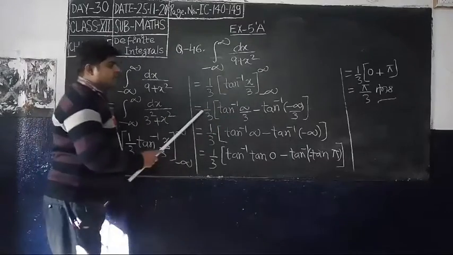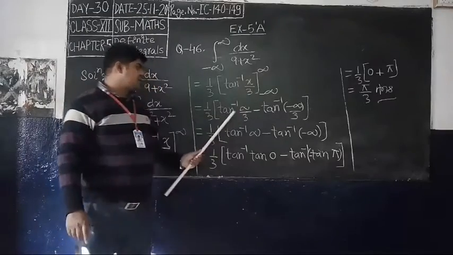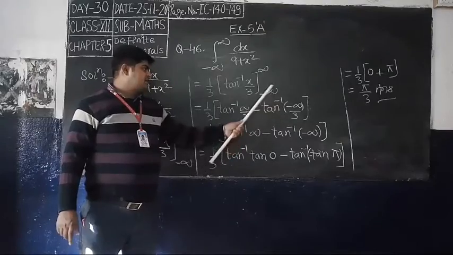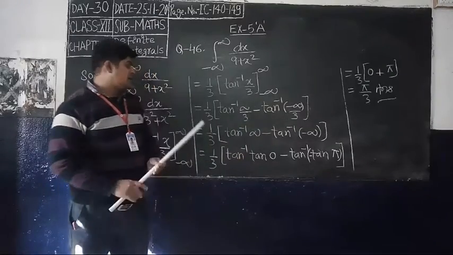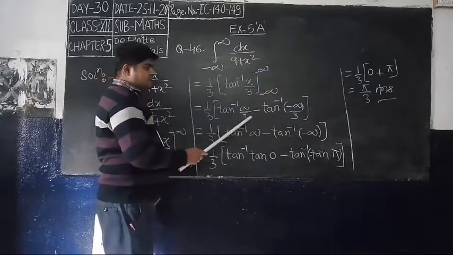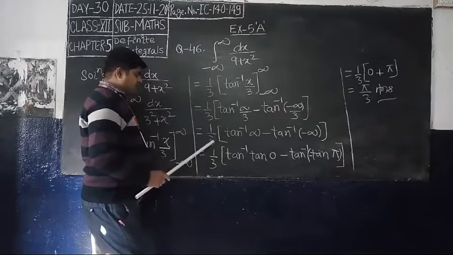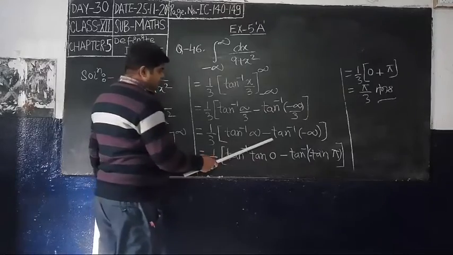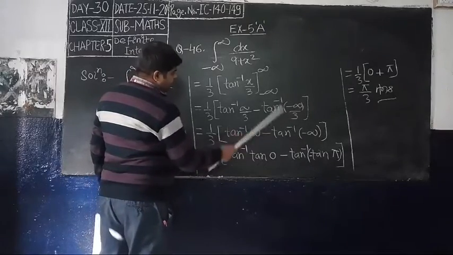Okay, 1 by 3 is the constant term, tan inverse x by 3, put here minus infinity to infinity. Now put the value of infinity: tan inverse infinity by 3 minus tan inverse minus infinity by 3. And infinity by something is equal to infinity. So 1 by 3 tan inverse infinity minus tan inverse minus infinity.